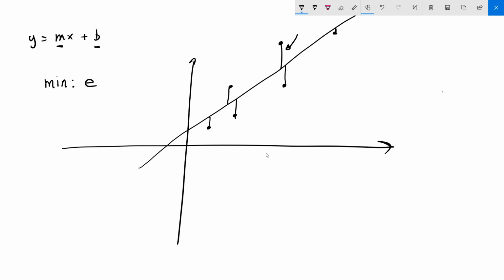I think the mistake a lot of students make is they want to define the error. You don't have to define the error. You just have to put bounds on the error. That's what a linear program is good at. So I've written the objective function for you. You just have to find a way to put bounds on that error E, so that you find the minimum error subject to some bounds.